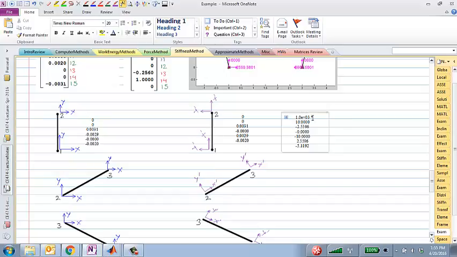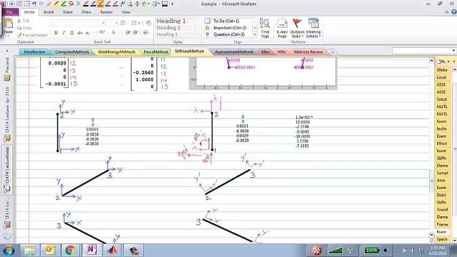So what do they look like? They look like Q I x prime, Q I y prime, and a moment M I.